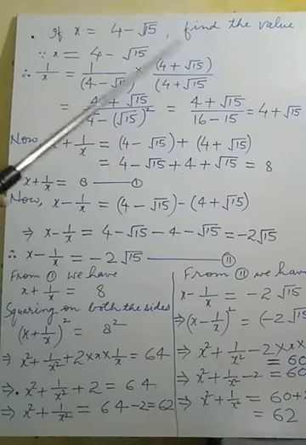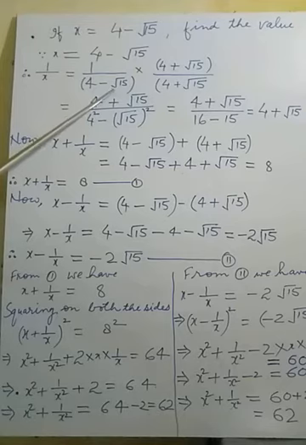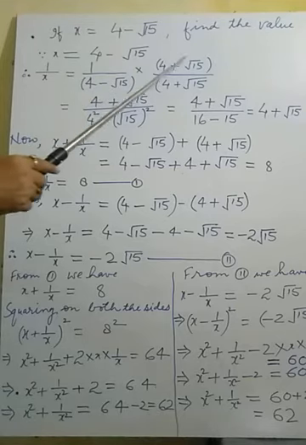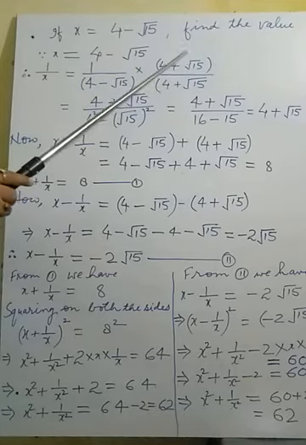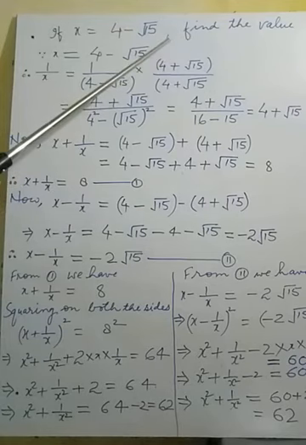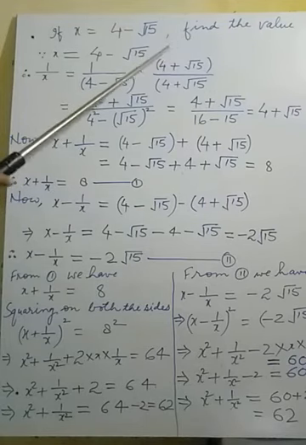Now this rationalizing factor will be multiplied into numerator as well as denominator. This 4 plus under root 15 is also called the conjugate.